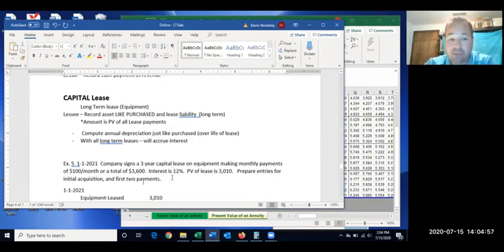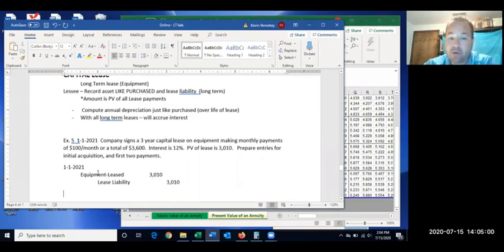So now when it's a capital lease, remember I'm going to debit the equipment just like I own it for the present value, and I'm going to credit this lease liability. And we could call this anything we really wanted. This is just a very generic term that shows that, yeah, it's a liability.